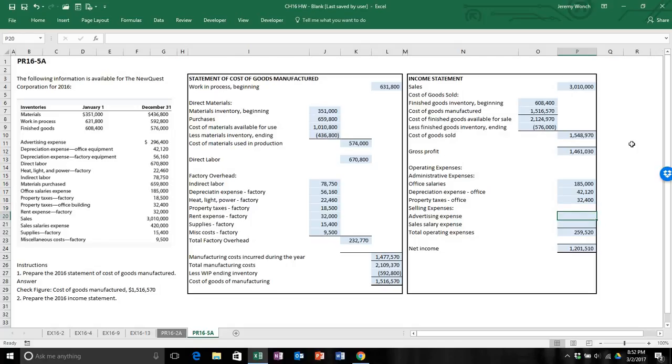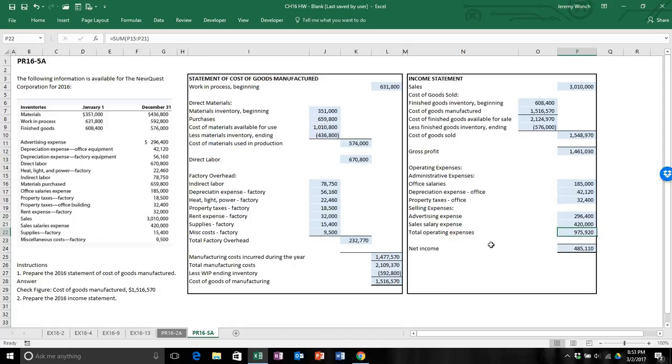Then we had advertising expenses of $296,400. And then we have sales salary expense of $420,000, which gives us a net income of $485,110, and we are done.